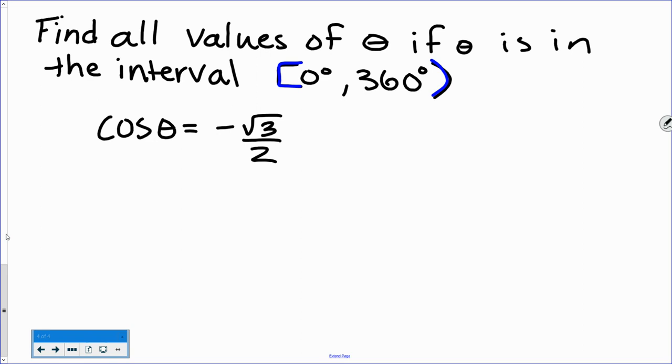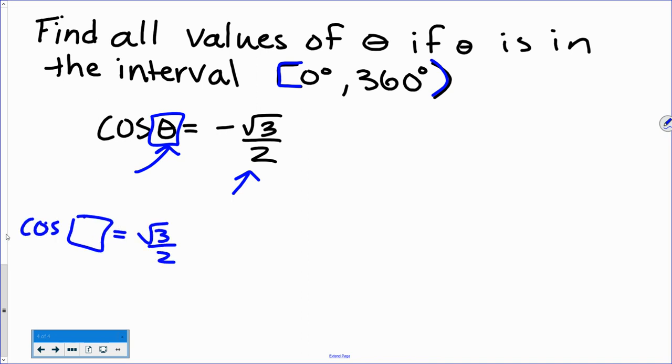Okay, so in a sense, I'm solving the equation for my variable theta. But to do so, I need to be familiar. When I see square root of 3 over 2, I'm either referencing a table that we previously made or your special right triangles, asking for cosine of what angle gives you square root of 3 over 2.